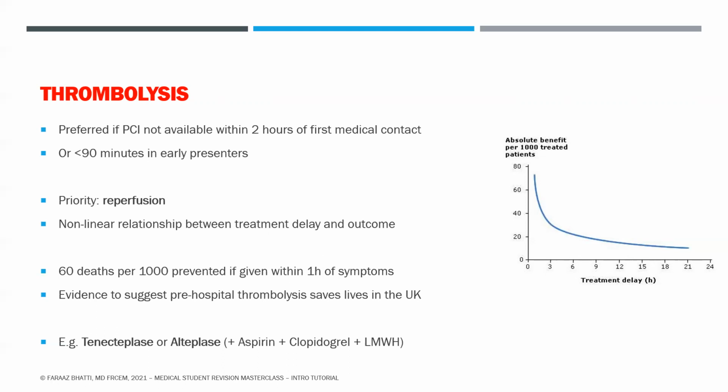And evidence suggests that pre-hospital thrombolysis saves lives, and thrombolysis is being administered by paramedics safely in the community in the United Kingdom. And agents of use include, for example, tenecteplase or alteplase, and these tend to be given with aspirin and clopidogrel and low molecular weight heparin.